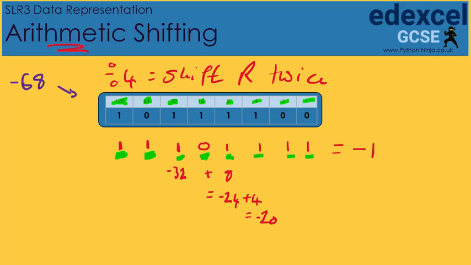So this number here is minus 17. So, is this correct? Minus 68 divided by 4 equals minus 17. And that is indeed correct.